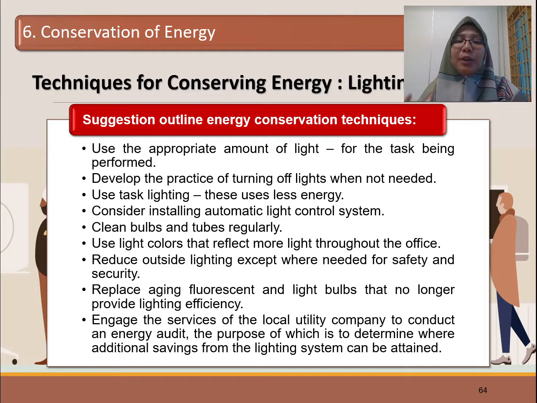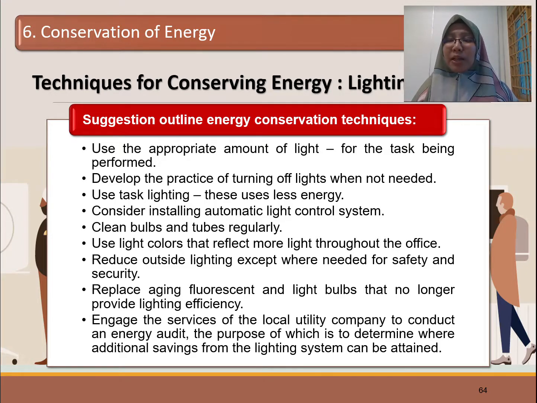Then use task lighting, which uses less energy. We have learned about task lighting before because it consumes less wattage compared to other types of lighting. Consider installing an automatic light control system. When people are moving, or when the system detects someone there, it will automatically switch on.